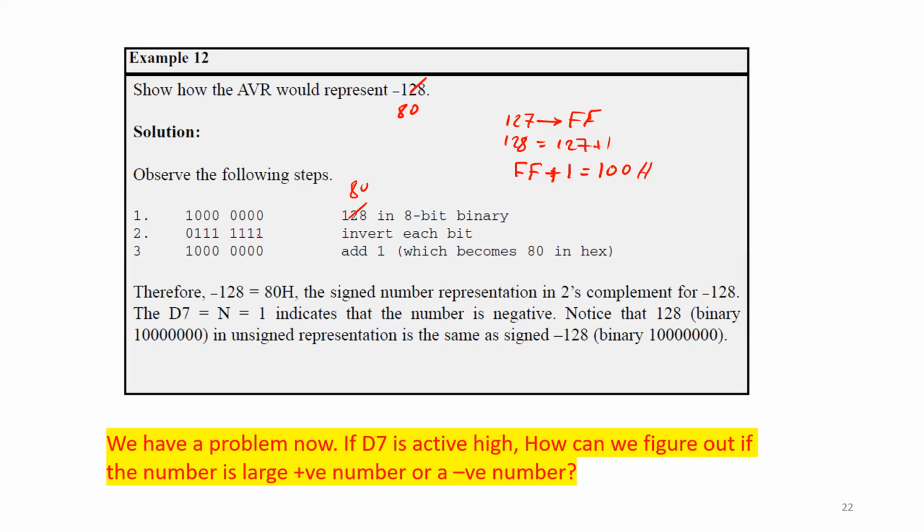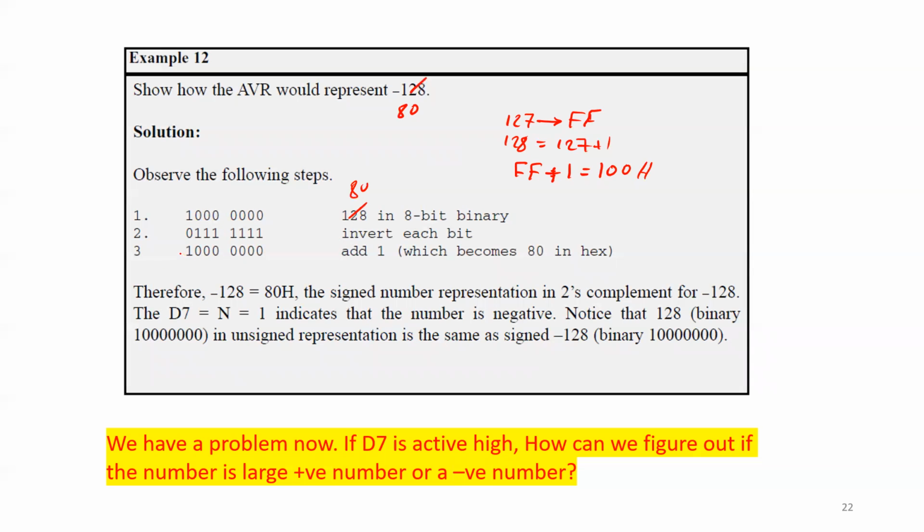Again, in order to represent this number, we have here 1 and all of these bits are zeros, so this is the representation of 80. And now in order to get the two's complement, we should make the complement of all of that, and then add 1. Adding 1, it would be again 80.